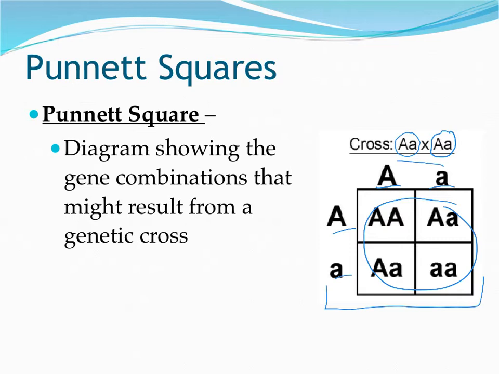On the top here are the gametes that can come from one of the parents, and on the side are the gametes that can come from the other parent. You cross these, columns times rows, to get the genotype of the offspring.